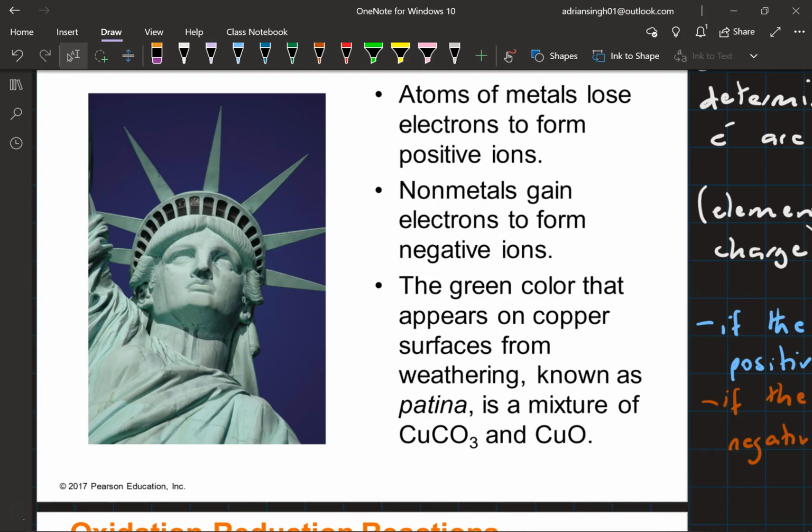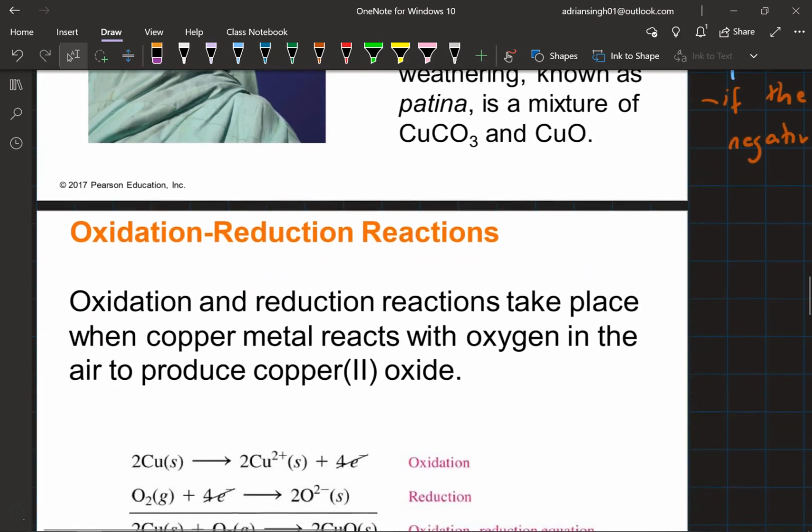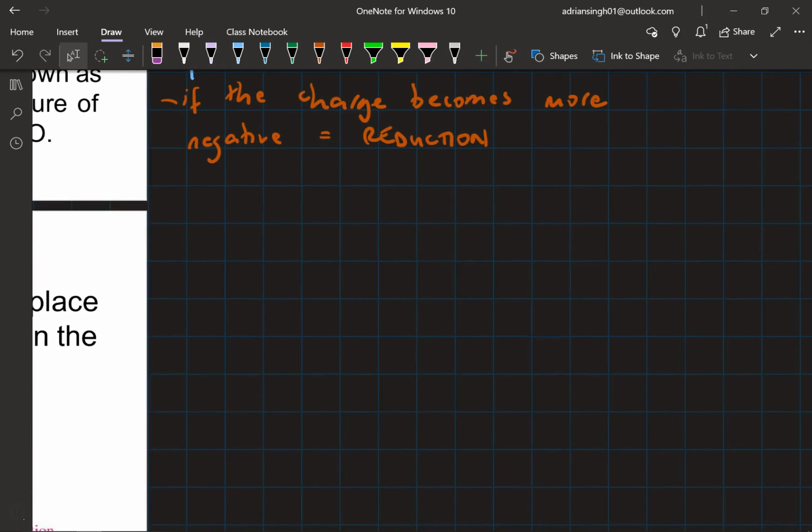And that's due to the reaction between copper and oxygen. As a result of that reaction, the copper becomes oxidized and the oxygen becomes reduced. Oxidation reduction reactions are really common, so we need to know how to interpret them.